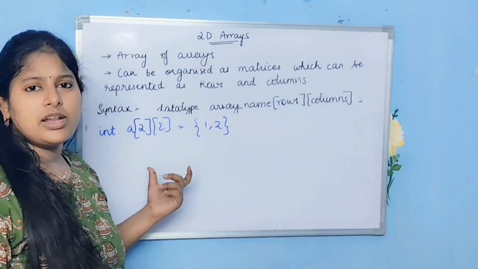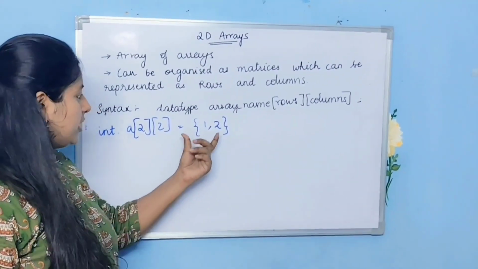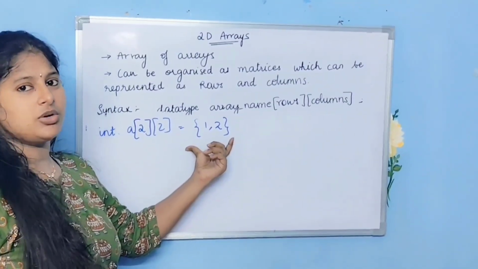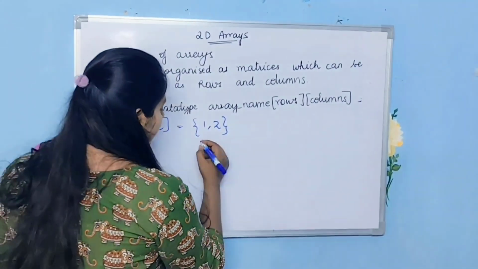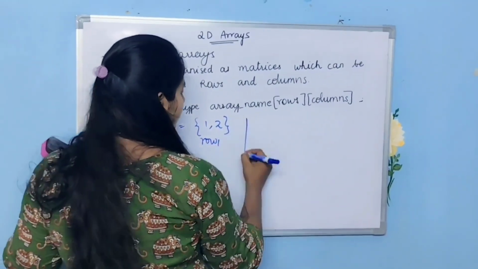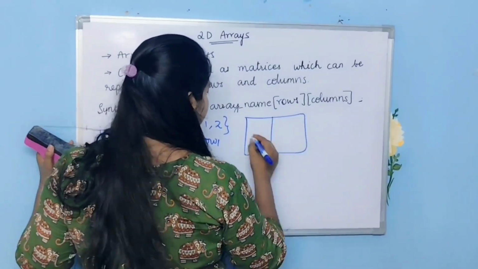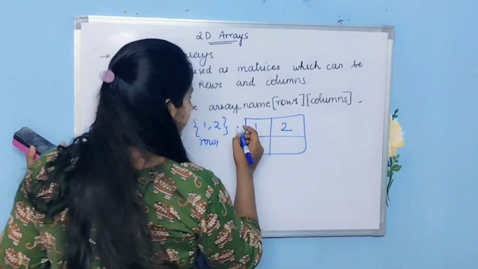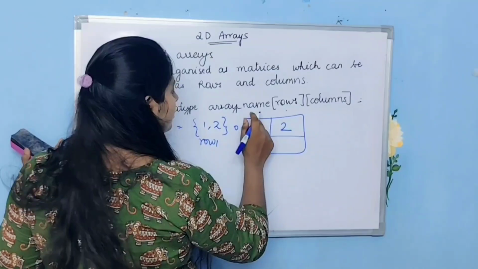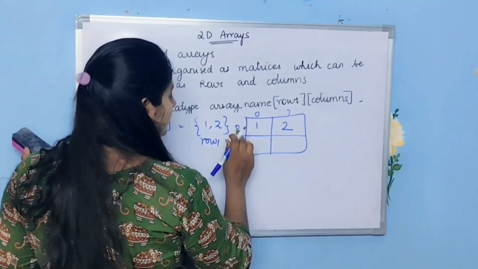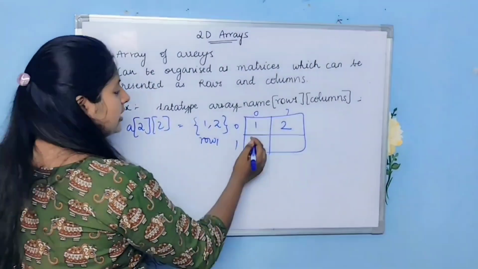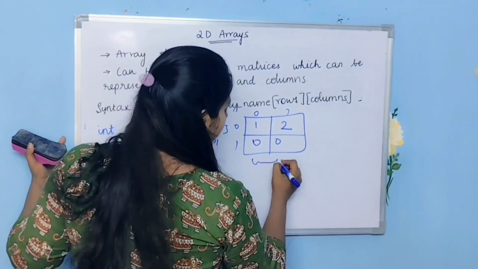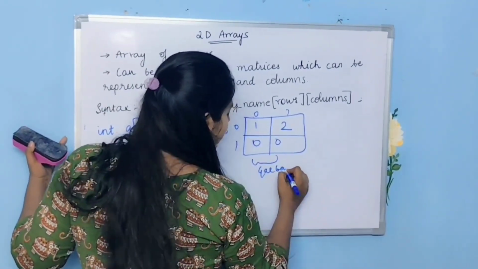I've given an array with 2 rows and 2 columns, but during initialization, you have given only 1 row. This will be considered as row 1. So 1, 2 will be stored here. The remaining places will be filled with zeros, which are called garbage values.